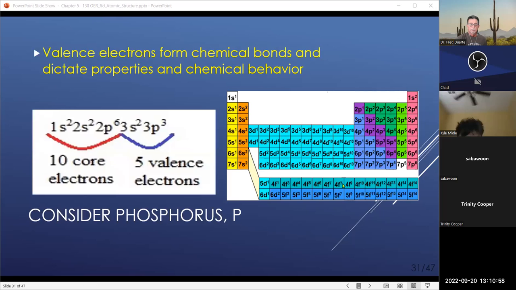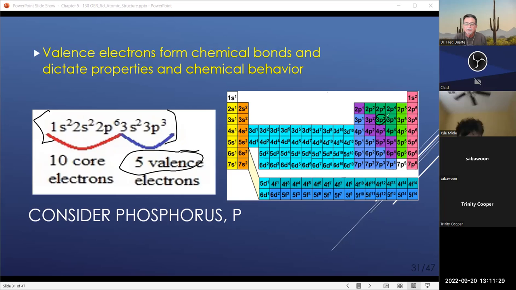All right, so here we are. When we talk about the valence electrons, keep in mind we are talking about the electrons in the outermost energy level. If we do the electron configuration for phosphorus, it is 1s2, 2s2, 2p6, 3s2, 3p3.